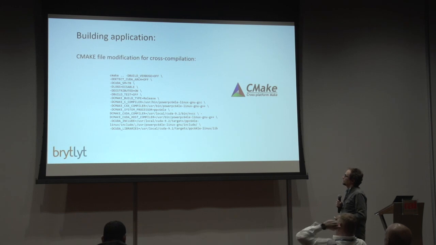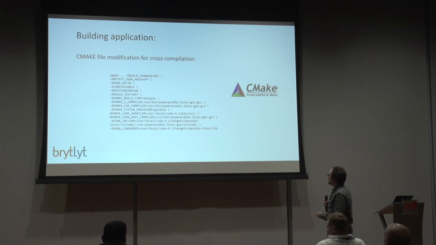As you can see, it's a build for SM70, with compilers and also libraries for CUDA for Power. These are the libraries which we just copied from a target machine into the targets folder and the PPC64LE subfolder.